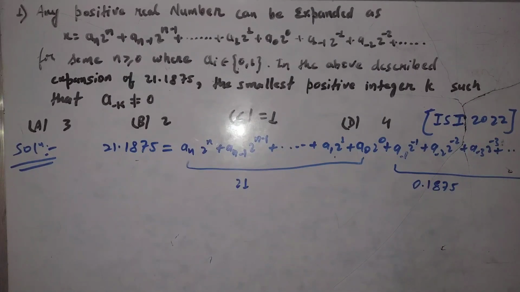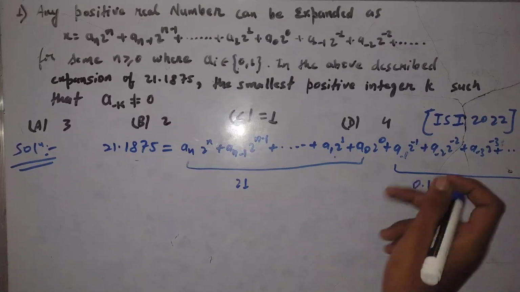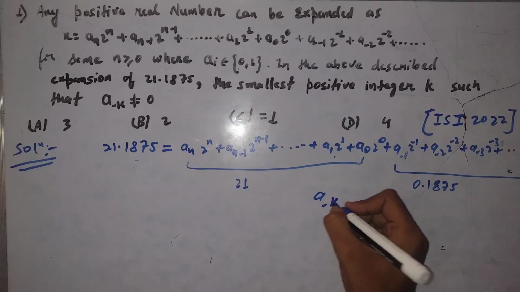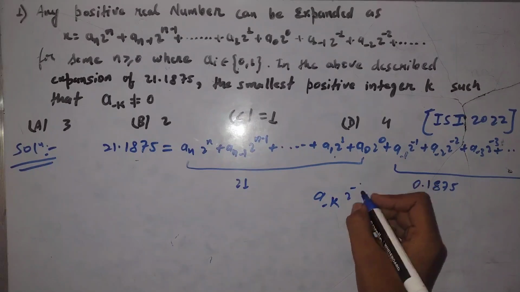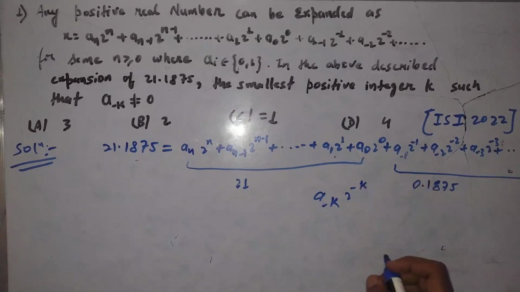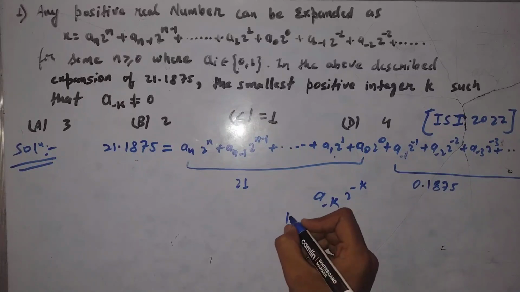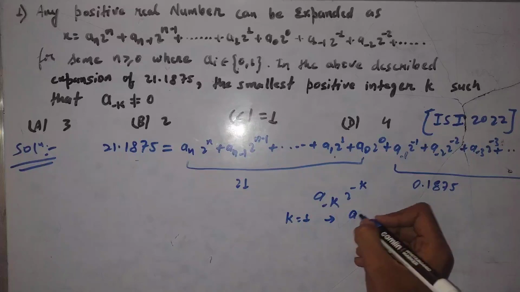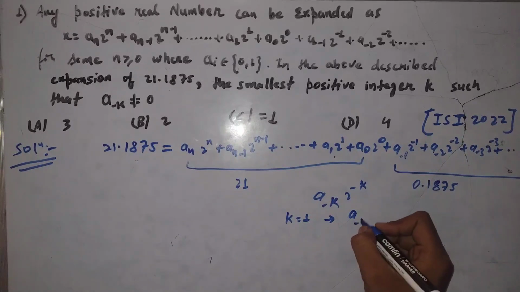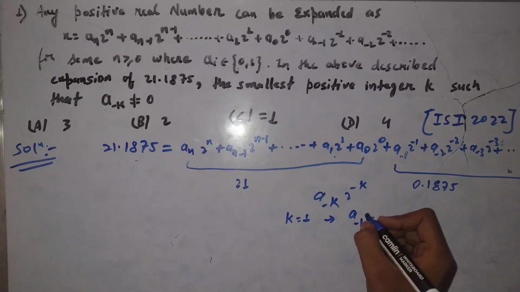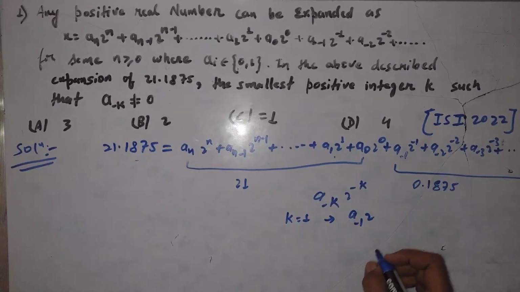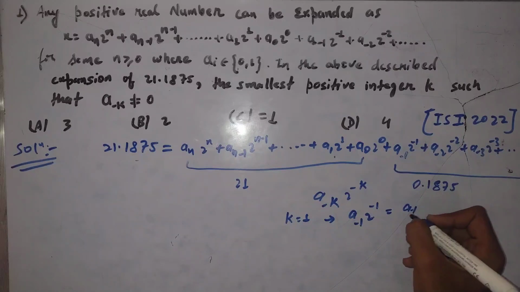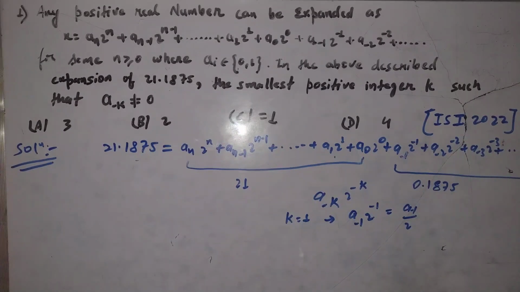Now let's assume the term is a_(-k) times 2 to the power minus k. For example, let's say k equals 1. Then we get a_(-1) times 2 to the power minus 1, that is a_(-1) upon 2.